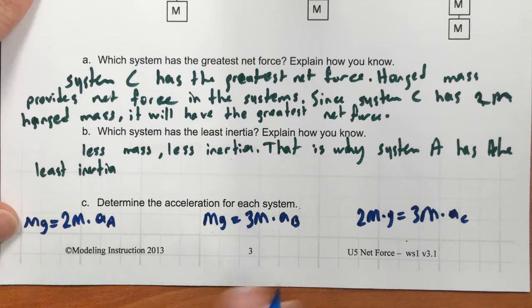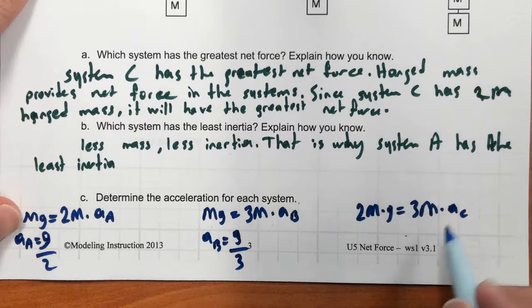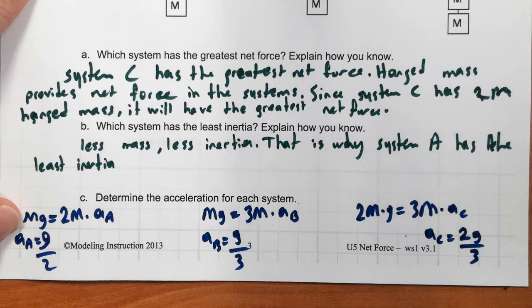So from that, when we do the calculation, you will get AA equals g over 2, and AB equals g over 3, and AC equals 2g over 3. So this way, we found the acceleration of each system.